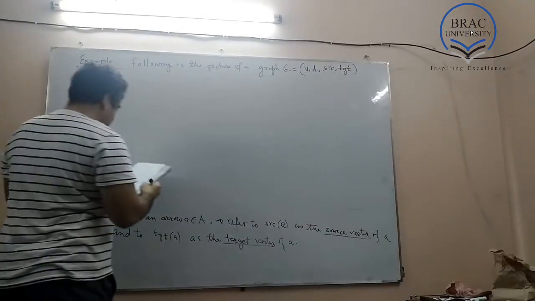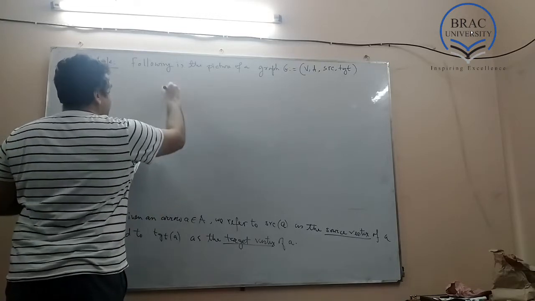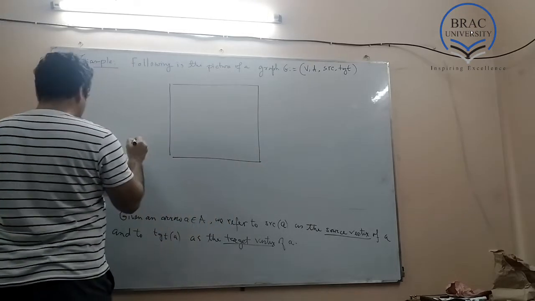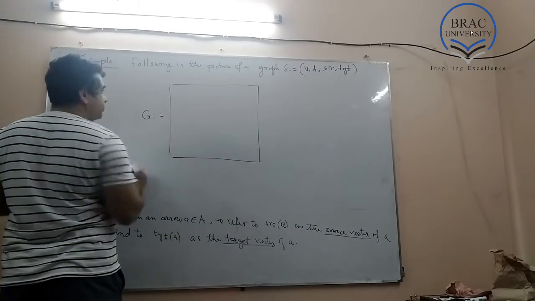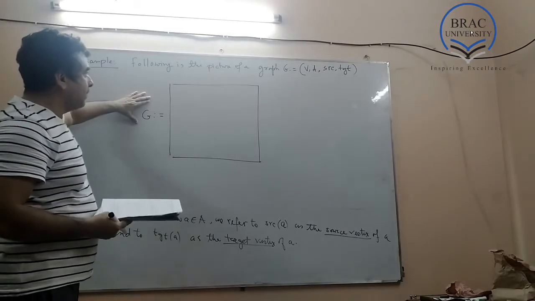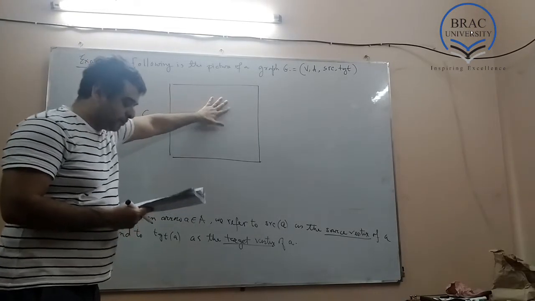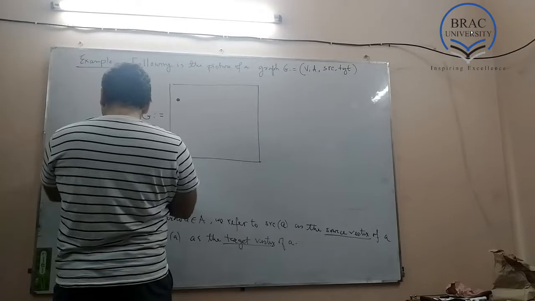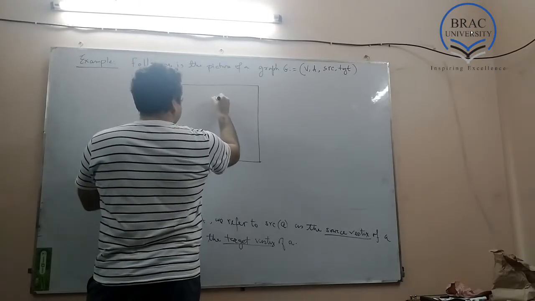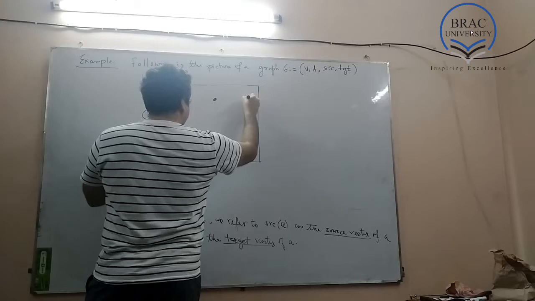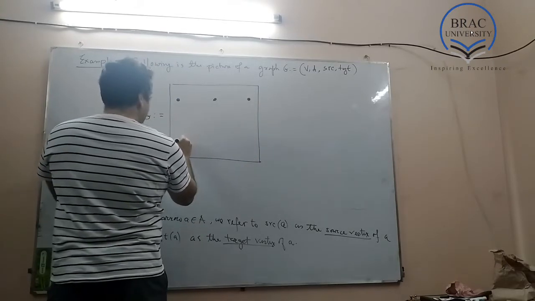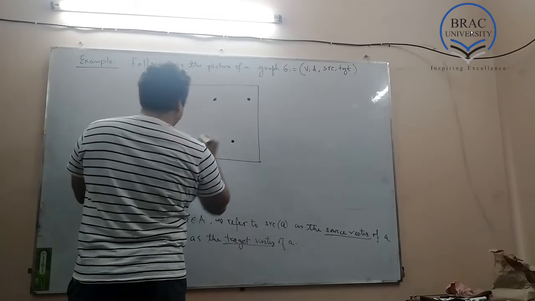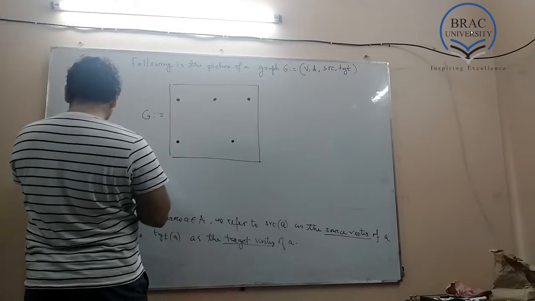Now let me draw this picture. The graph is given by what we are going to draw here inside the box. It consists of some vertices. Let us draw those vertices first. 1, 2, 3, 4, and 5.